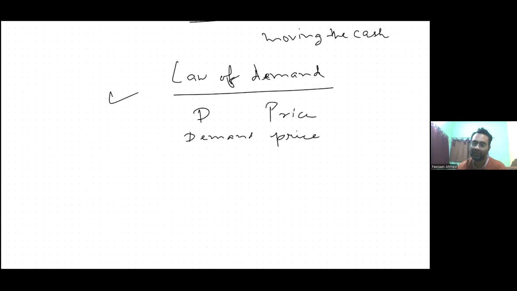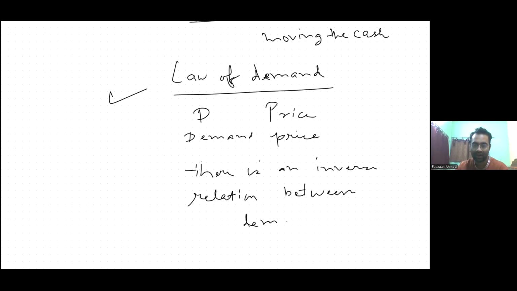The law of demand usually tells you that there is an inverse relationship between demand and price, right? There is an inverse relationship between demand and price.